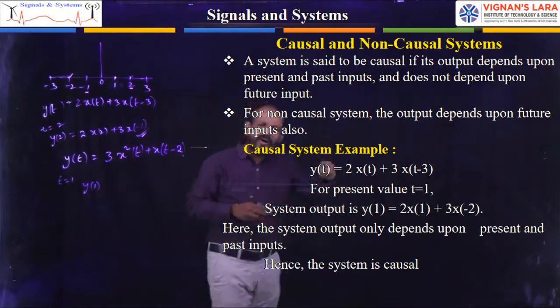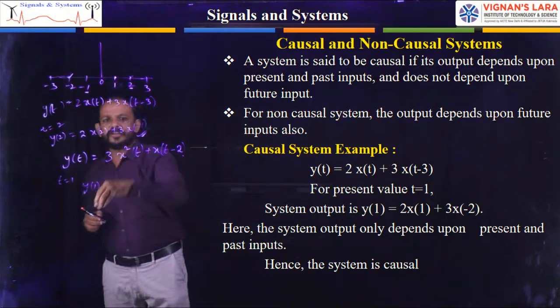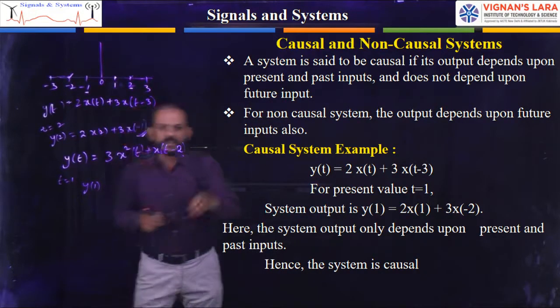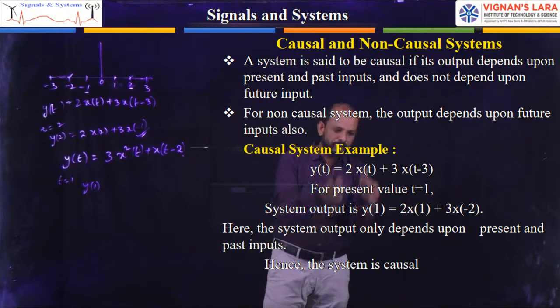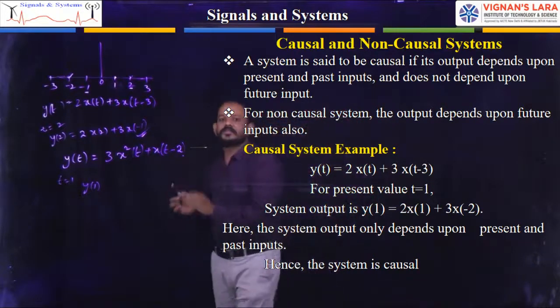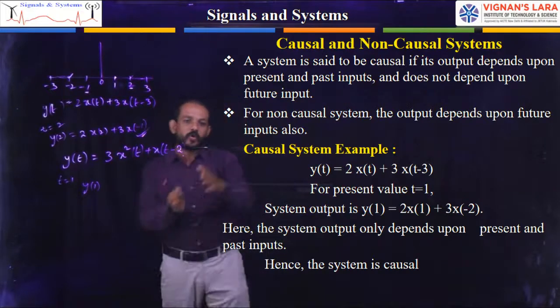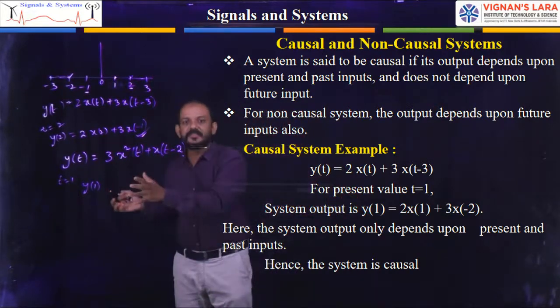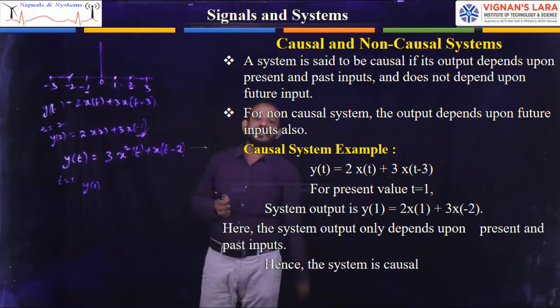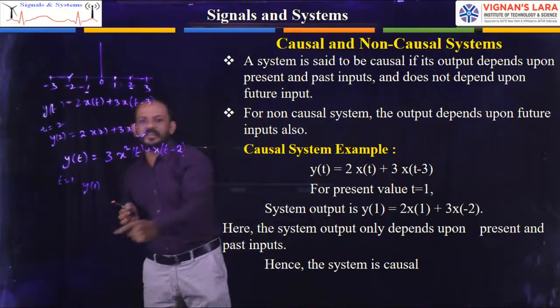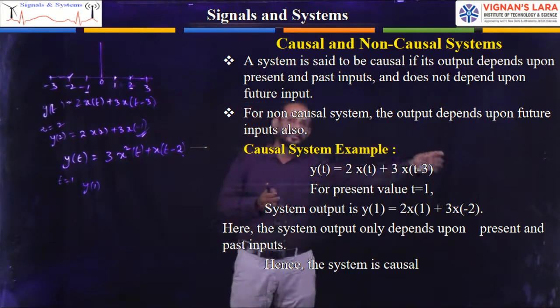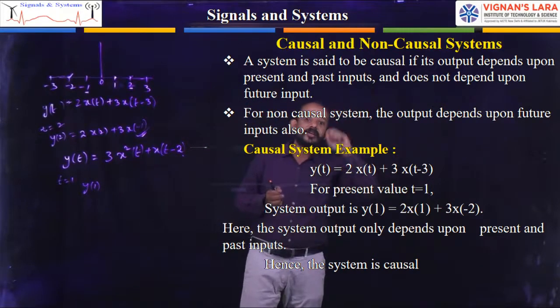That means for every value of t, whatever the time is, the output depends only on present and past values. Then we can say that system is a causal system. If for at least one value of t the output depends on the future, then we have to say that system is non-causal.